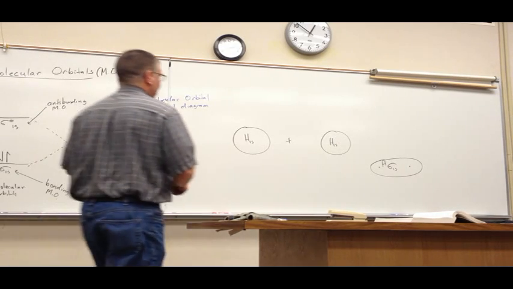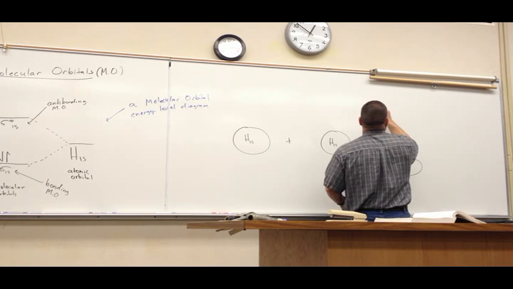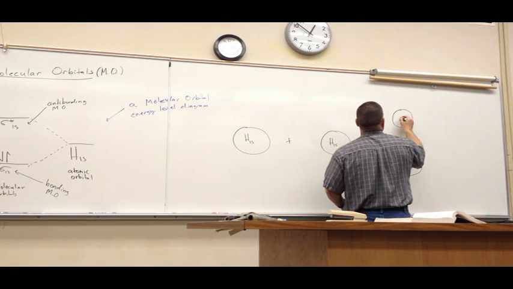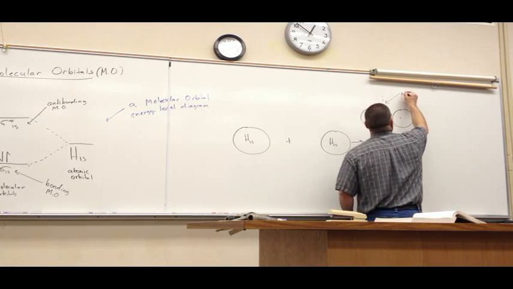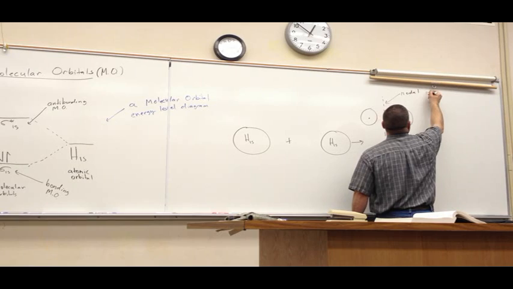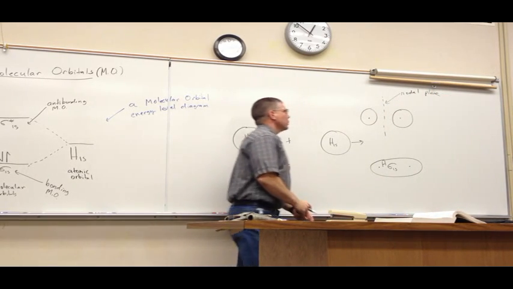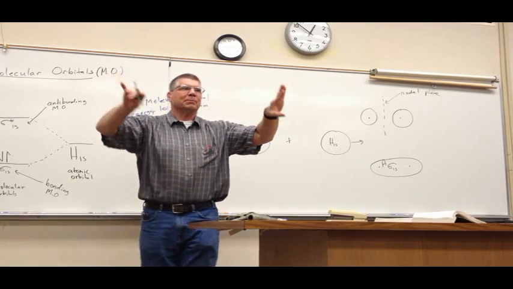The anti-bonding molecular orbital would look something like this. It would have two parts to it. It's one orbital, right?